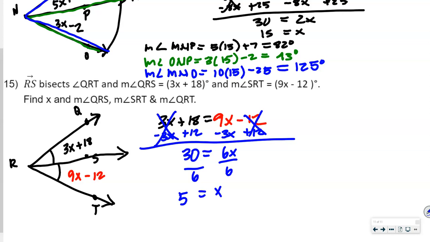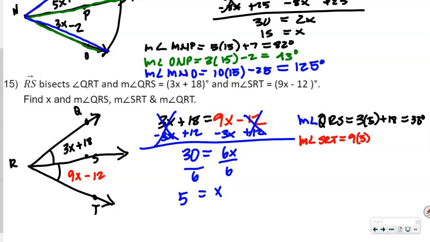So we're going to find the measure of angle QRS, that's going to be equal to 3 times 5, which is 15, plus 18. 15 plus 18 is 33. So because these angles are congruent, the bottom one should be 33 as well. So the measure of angle SRT is equal to 9 times 5, that's 45, minus 12.